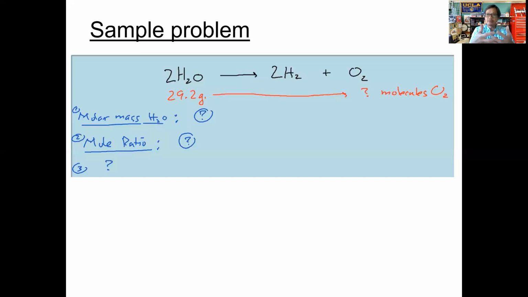Now, it's not practical in the sense that if we were to run the reaction, we can't measure out moles. And so what did we have to do? We had to figure out a way to obtain masses from that balanced equation as well. We can't get those numbers directly from the balanced equation. We don't have a mass to mass ratio.